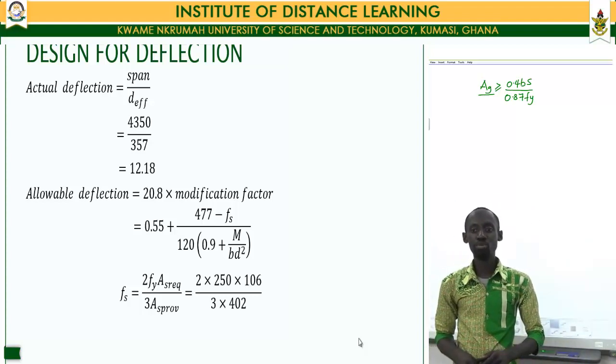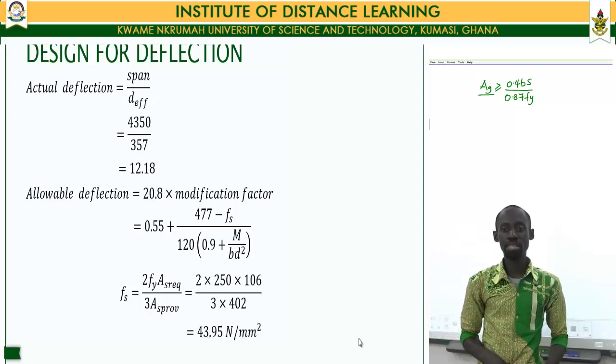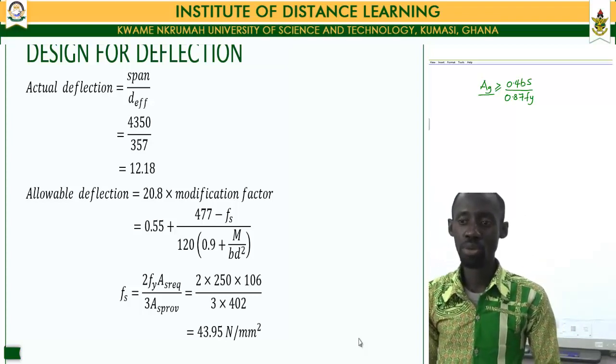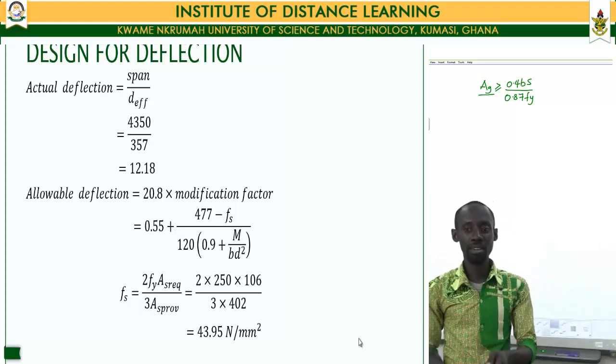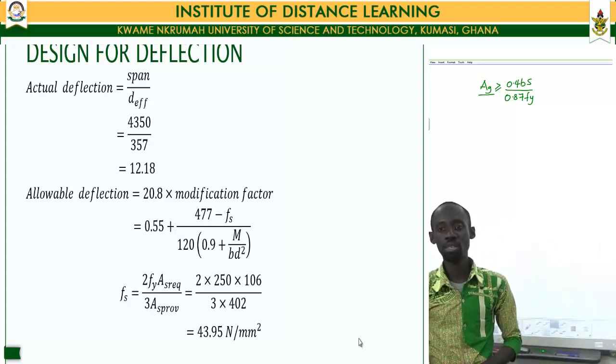And from the calculations we just went through, substituting the values into it now gives us an fs value of what? 43.95 newtons per millimeter squared, where we substitute our grade of reinforcement, our area of steel provided, and our area of steel required into it.